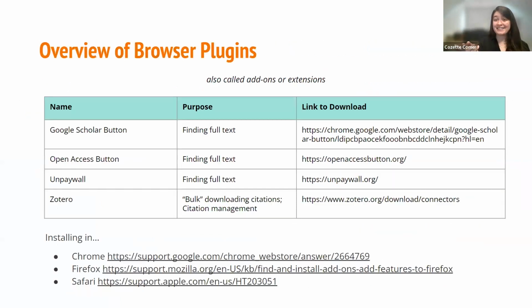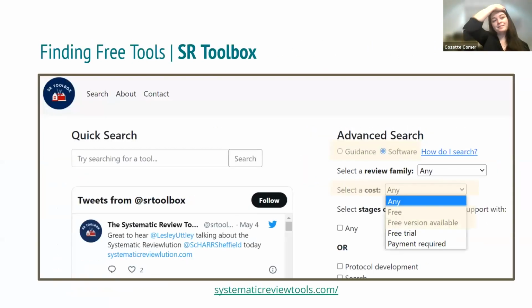These are the plugin links to get started there. And I also want to highlight the SR Toolbox, which is a great place. We haven't talked about systematic review software, but there is software that can help to structure your title and abstract screening, full text review, and data extraction, and there actually are a good amount of free sources out there.